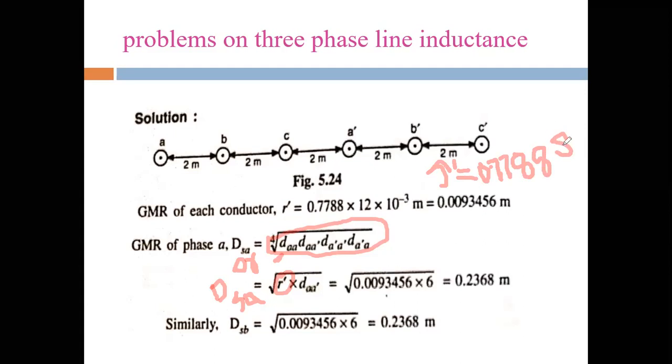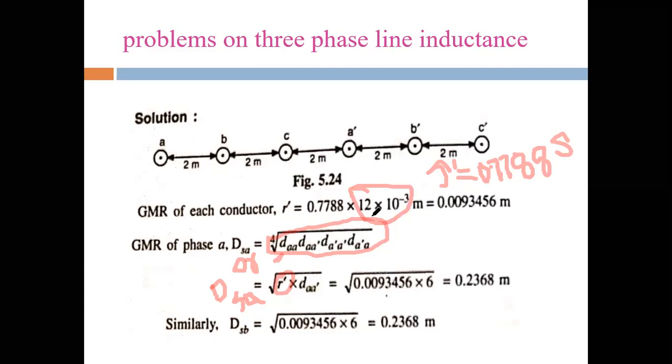What is r? That is the radius, 12 millimeters, as given in the question. 12 millimeters means 12 times 10 power minus 3 meters.